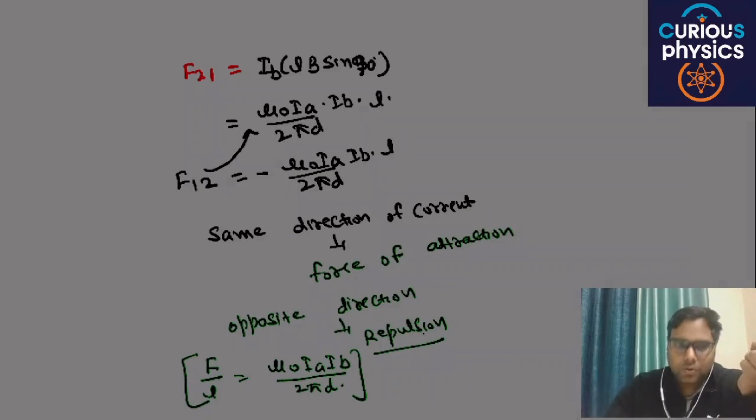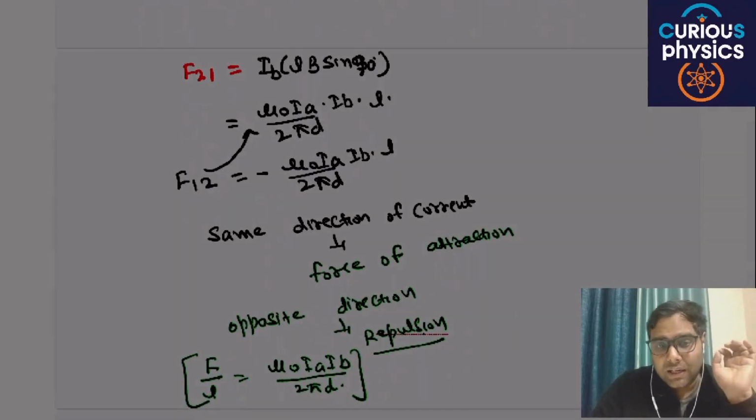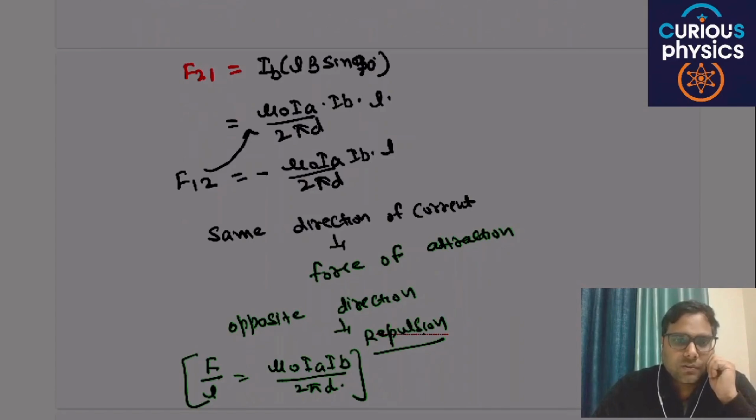Because the length we have considered is infinite wires. If wires are not infinite, you will not get these answers. Those situations are very complex, but we basically restrict our study up to this point. The wires are infinite. Are you able to get my point or not? This is basically how to find the force between two parallel wires.